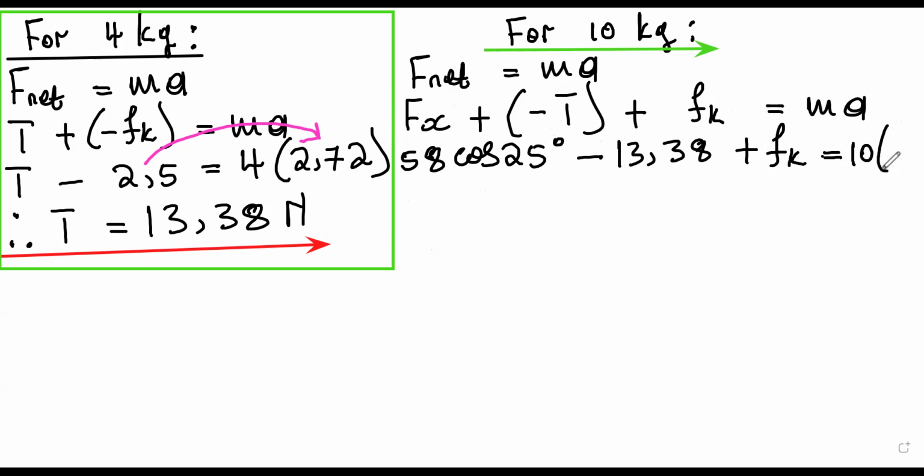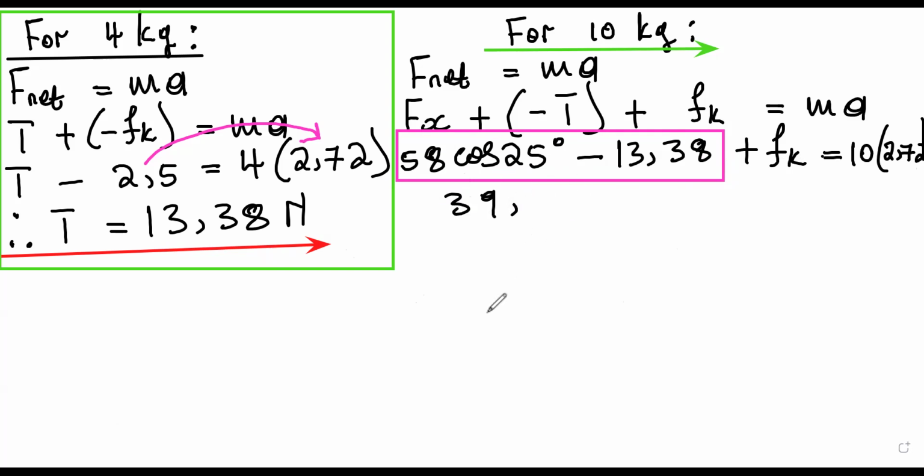The mass of this block is 10 kg, and it's accelerating at 2.72 meters per second squared. Okay. So now we can just go to the calculator and say, what is 58 cosine 25 degrees minus 13.38? Well, let's give it a good look. We have 58 cosine 25 minus 13.38. So we simply get 39, and then you say point.